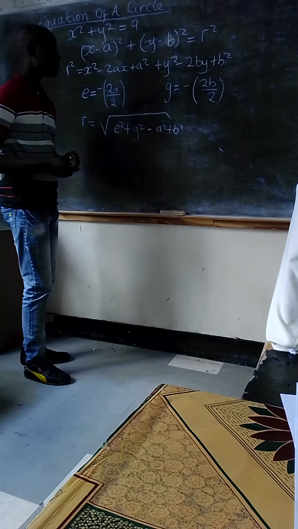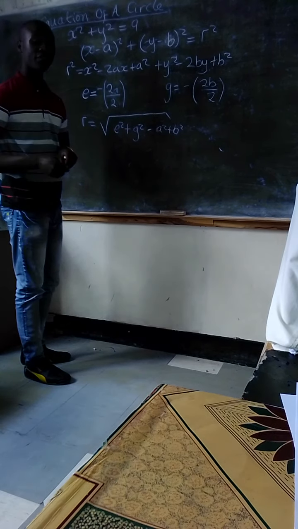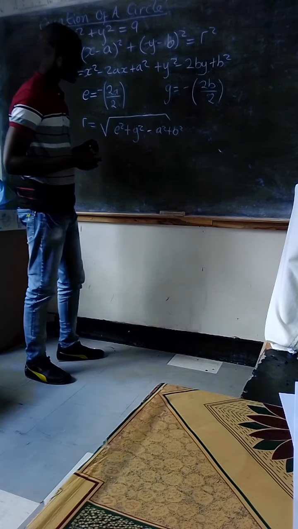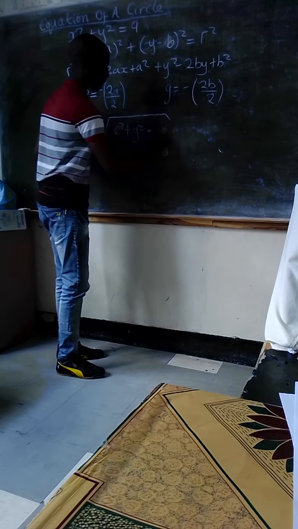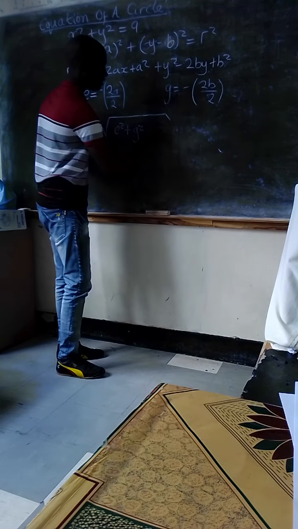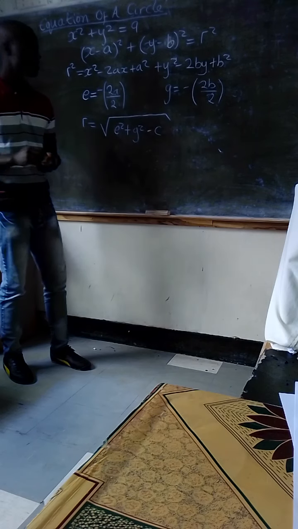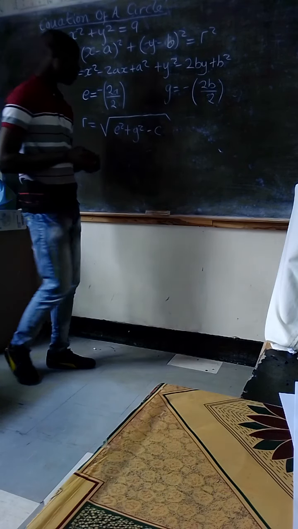The a squared plus the b squared, standing in for one single constant, I choose to express as c. Okay?